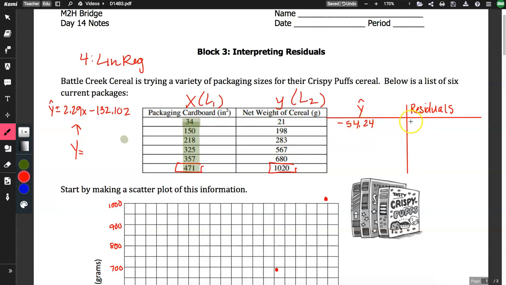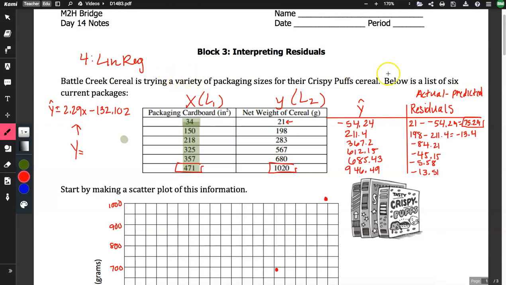So when I do my residual, doing actual, this is the actual number, minus the negative 54.24, I get 75.24. Okay, so that's my residual. Actual minus predicted. All right, so take a minute, fill out the rest of this chart on your own.